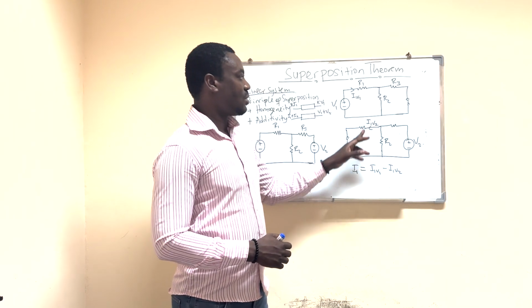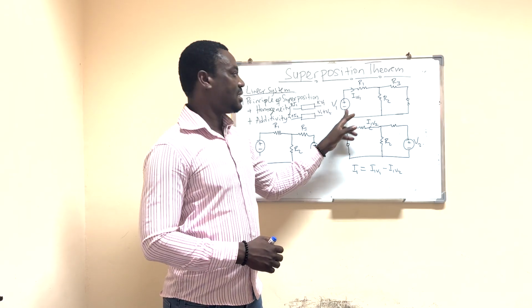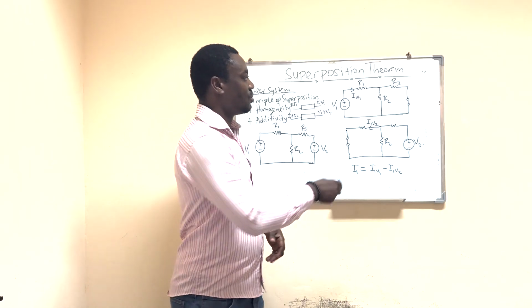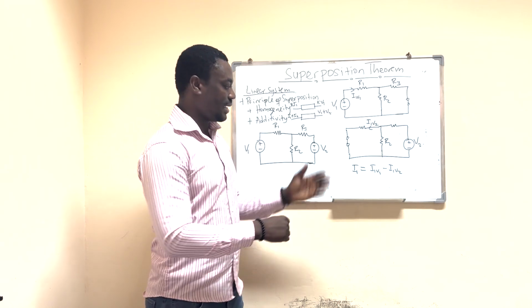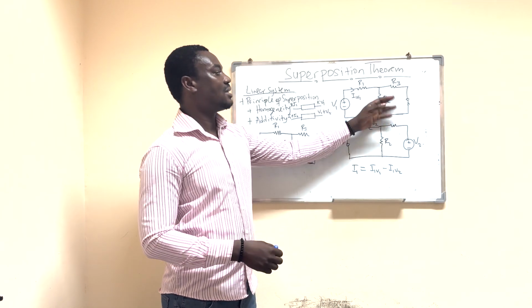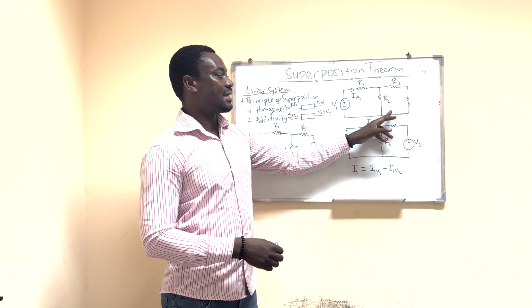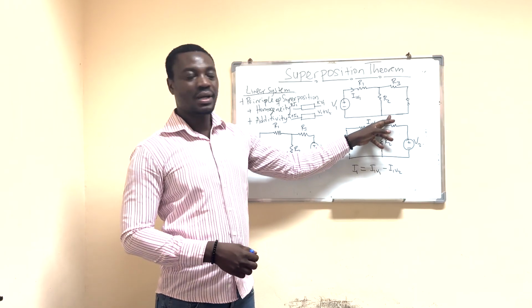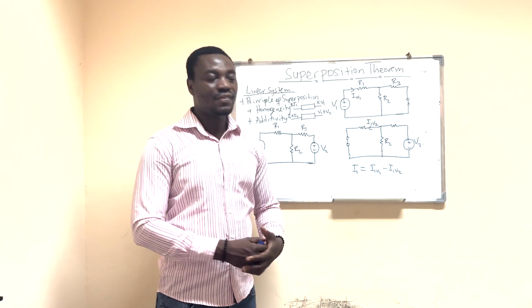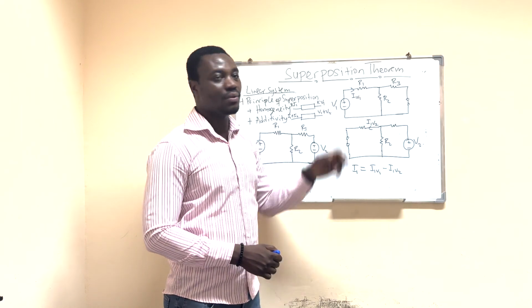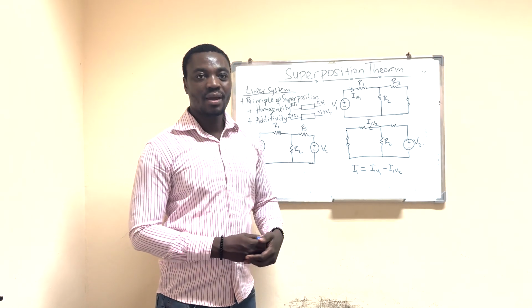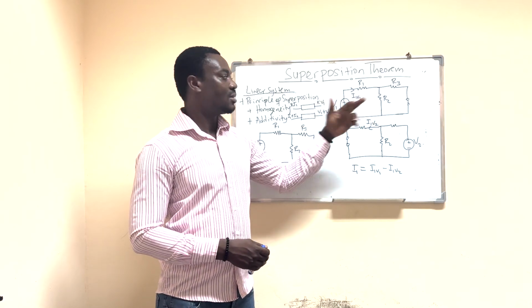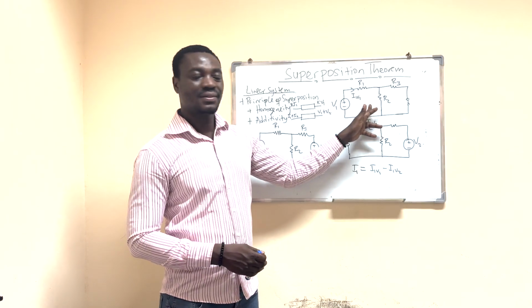Now, once V1 is active, we can get the current passing through R1 due to V1 acting alone. So we get that current. And once you have such a circuit diagram, you can now use any method to find the current passing through R1. So you can use network reduction method, nodal analysis, right?